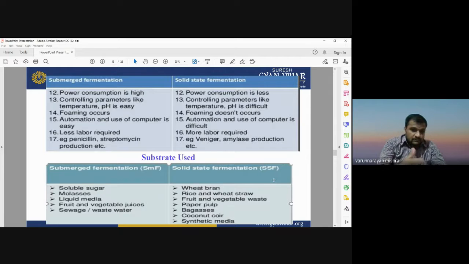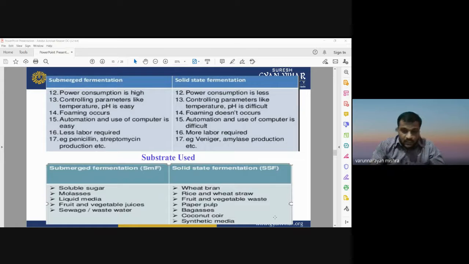So it's a comparative study between SMF and SSF, and the types of substrates which can be used for those processes. For SMF, soluble sugar, molasses, liquid media, fruit and vegetable juices, sewage, and wastewater can be used as a substrate, whereas in case of SSF, wheat bran, rice straw, fruit and vegetable waste, paper pulp, coconut coir, and synthetic media can be used as a substrate.